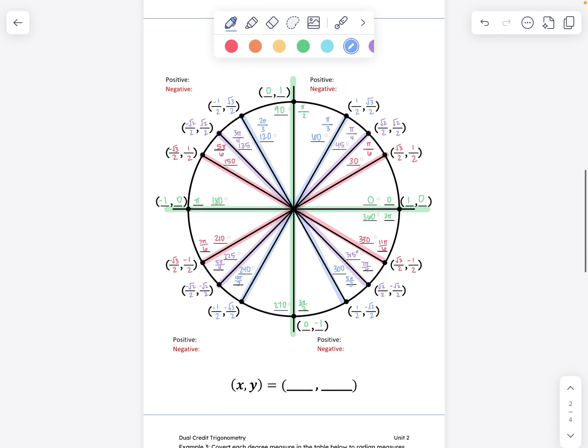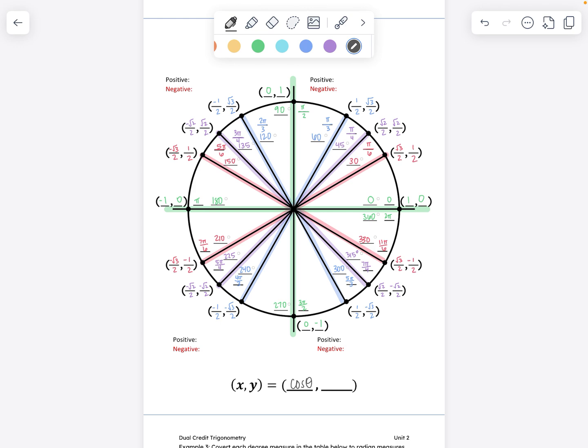Now, you may be asking, why does this connect to our trig class? Why is this important for my trig functions? If I'm looking at trigonometry, what's unique about this unit circle is every single one of these x values at these points that I just found, all of those x values are my cosine values.